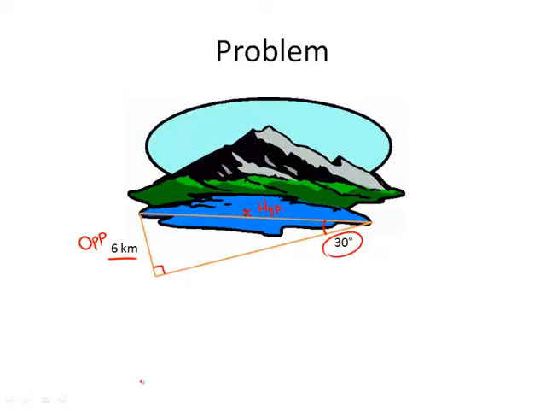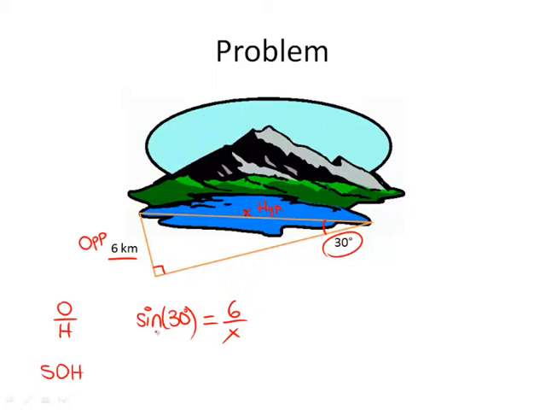Well, we sure can. We know that when we relate the opposite and the hypotenuse, that was our sine from SOHCAHTOA, we know that we're taking the sine ratio of 30 degrees. And we know that the sine ratio of 30 degrees should be 6 kilometers over the hypotenuse x.